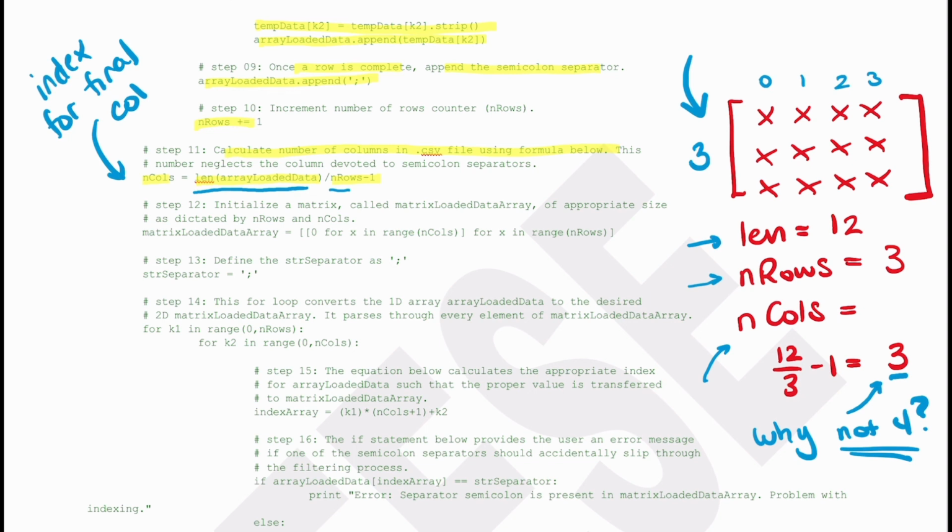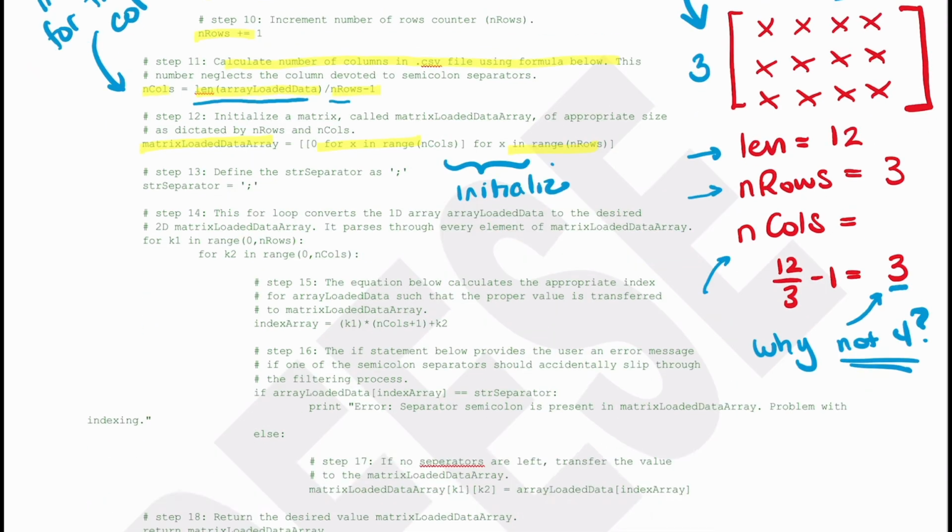Okay. All right, so we initialize our matrix called matrix loaded data array with the appropriate number of columns and rows. Again, I encourage you to take a look at this or take a look at a resource focused on Python if you have questions about this initialization.